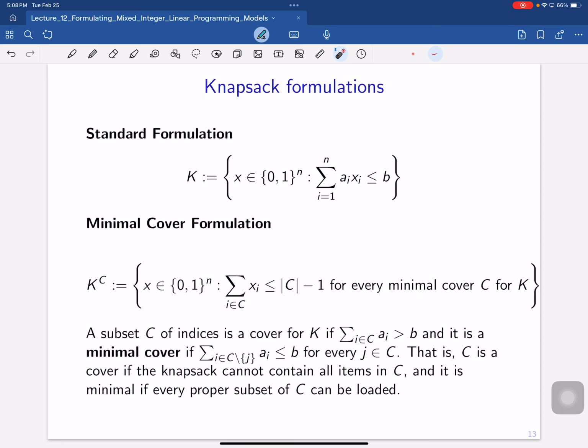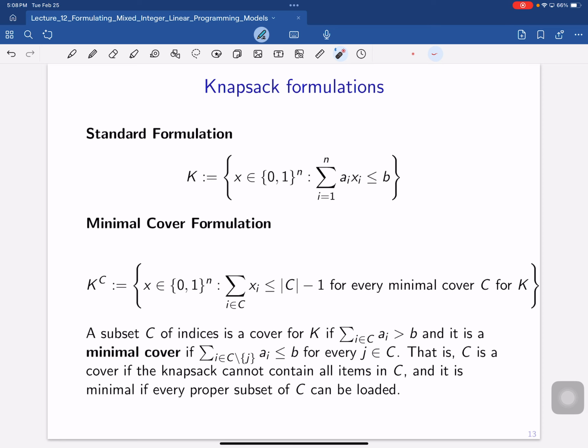Maybe let's think about one direction. Why does this inequality have to hold if we have the knapsack inequalities? If we have the sum of ai xi less than or equal to b, why does the minimal cover inequality have to hold? Any thoughts?